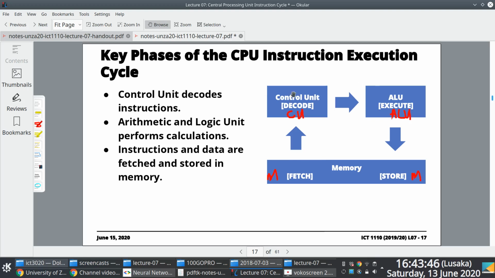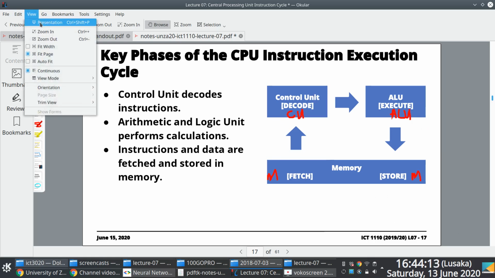If the decoding signals that the instruction is an add instruction, then the control unit will identify the operands associated with that add operation, and the addition will be done by the arithmetic logic unit. And then finally the results are stored into RAM. So very basic idea here: 4 key phases, fetching, decoding, execution, and storing.